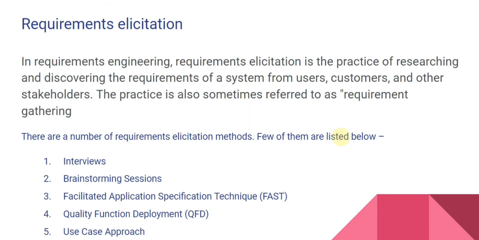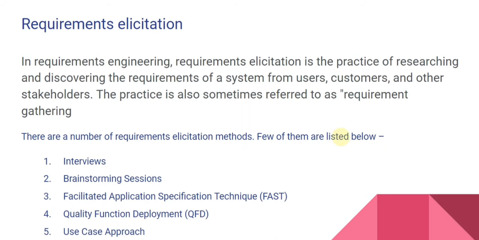All these methods are really very important. With the help of these we can collect requirements from the users. In the coming sessions we will explain these concepts briefly. So requirement elicitation is all about gathering requirements from the users.